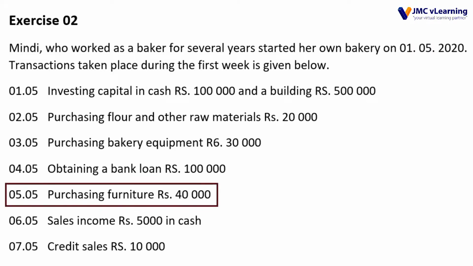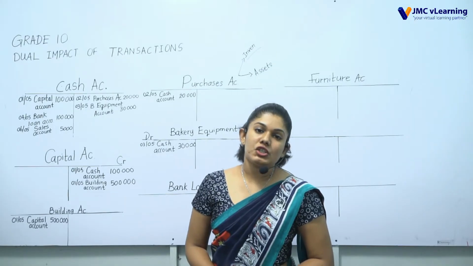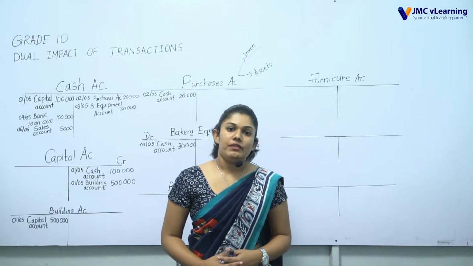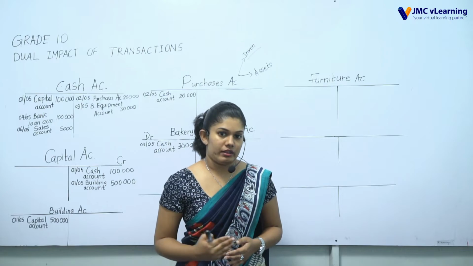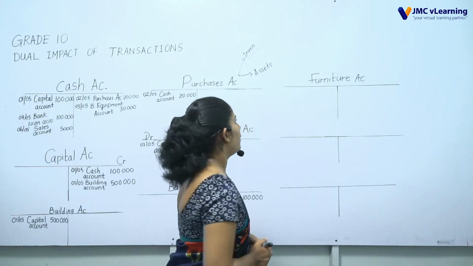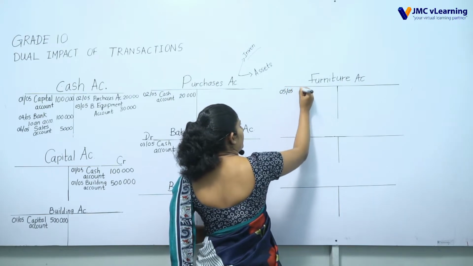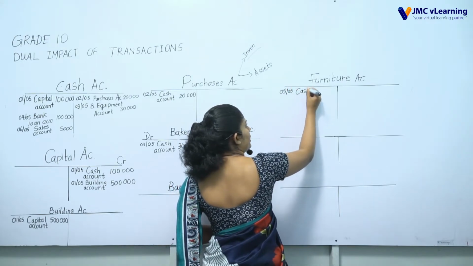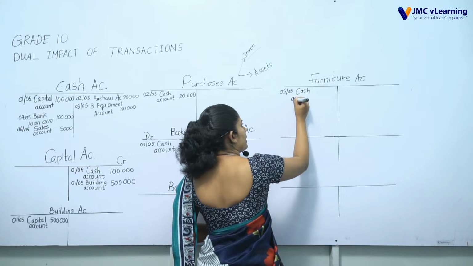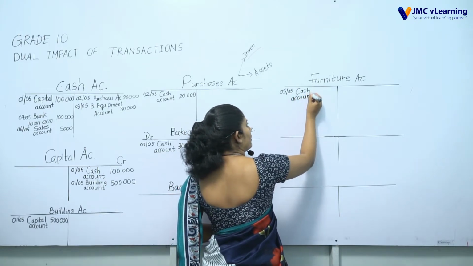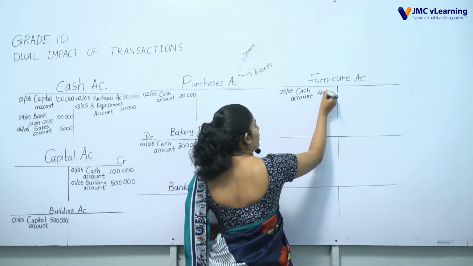5th of May, purchasing furniture 40,000. Furniture is an asset. When asset increasing, we record it in the debit side. Therefore, 5th of May, we purchase it using cash account, 40,000.